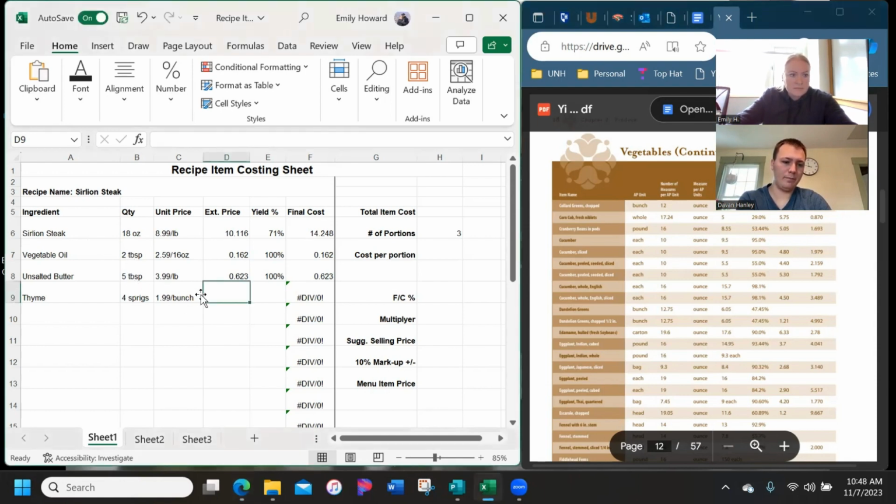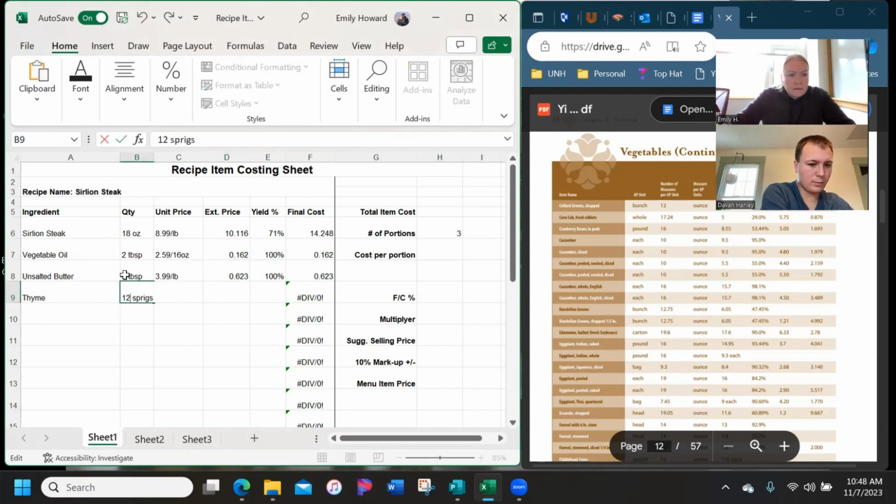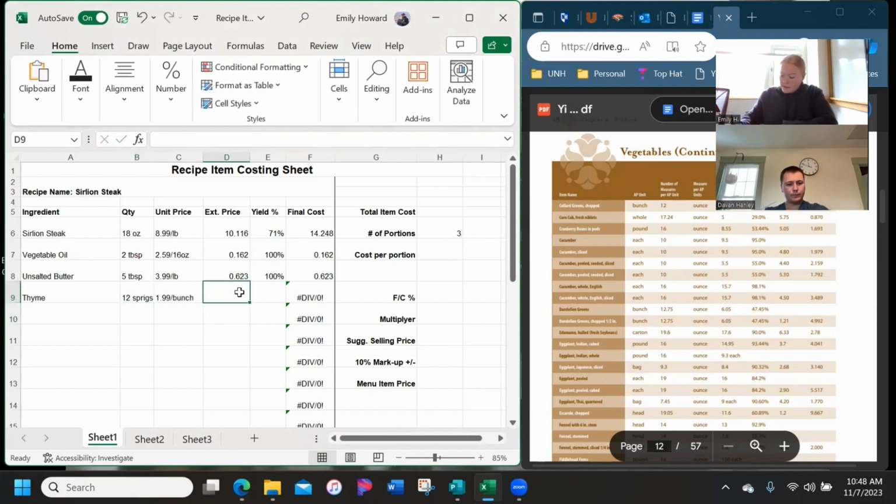Hold on, let me do my thyme sprigs first. So if you're doing it times 3, you actually need 12 sprigs. Oh yeah, thank you. So I'm still doing 1.99 divided by 43, which is 0.0467.